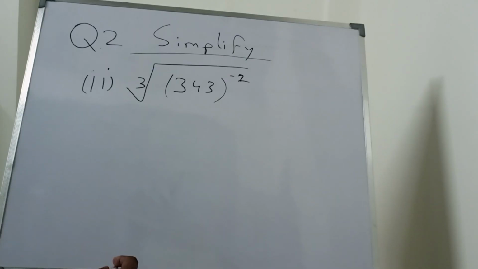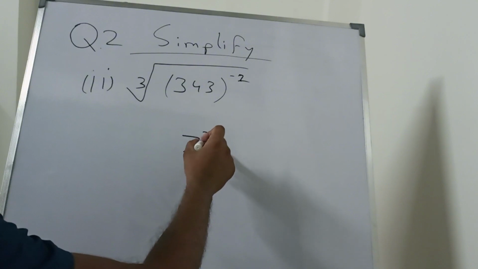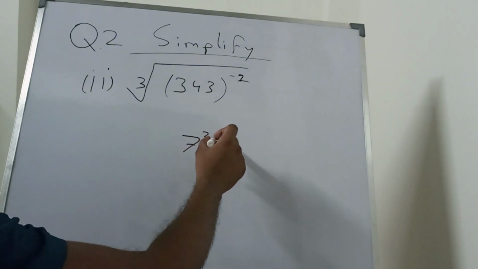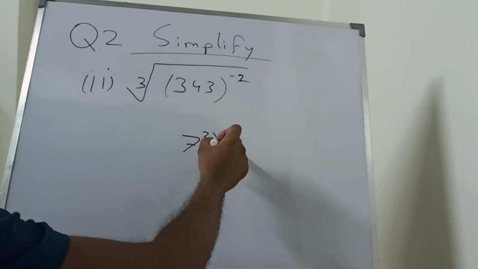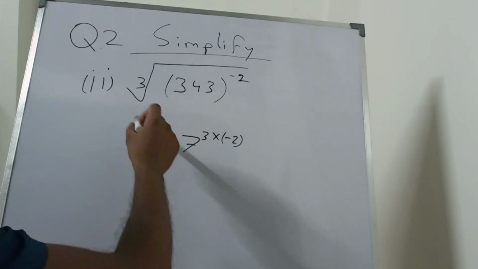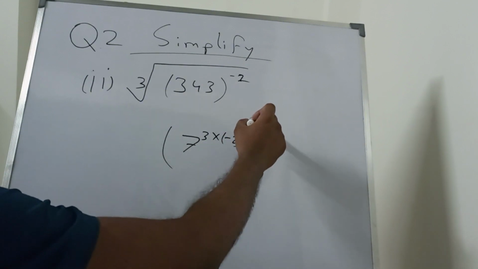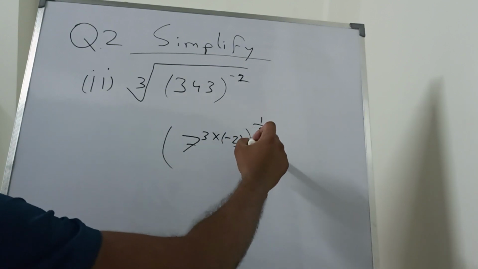Over here is the cube root of 343 raised to the power minus 2. If you do the LCM of 343, you will get 7 cube. Then there is minus 2, so this gets multiplied, and the cube root means raised to the power 1 by 3.